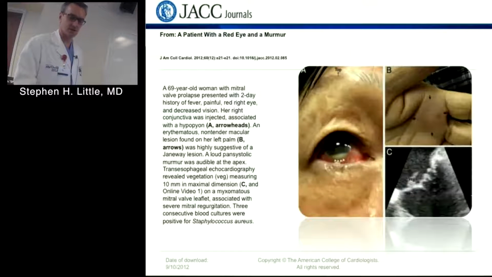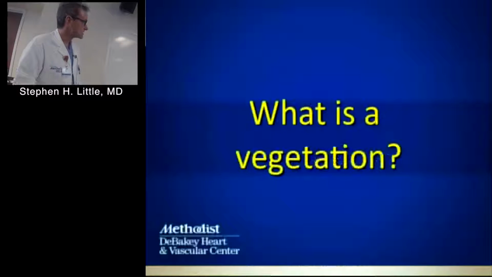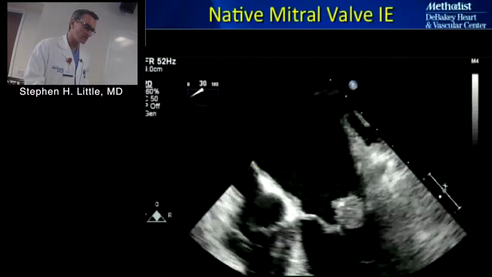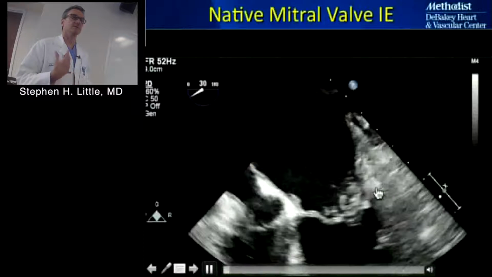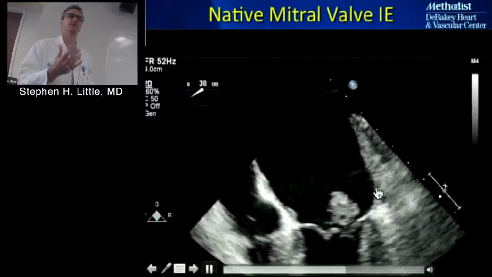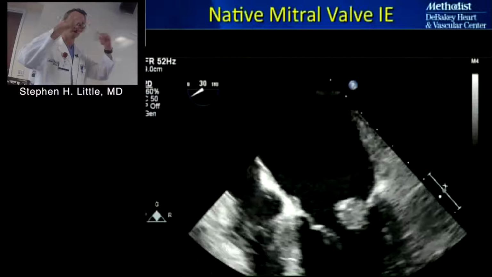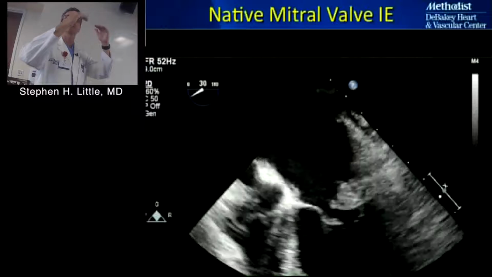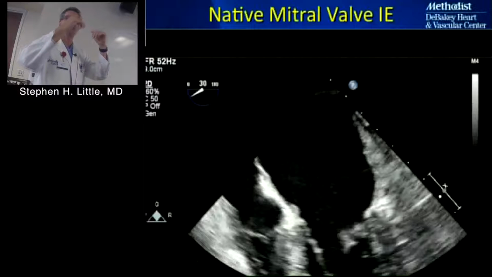Okay, so what is a vegetation? So this is the typical native leaflet infective endocarditis. So the hallmark of the imaging here is that the term is oscillation, which really means it has a movement that's independent of the cardiac motion. So if the valve is moving perfectly like this, if the lesion is also going synchronous with the valve, that's not oscillating.